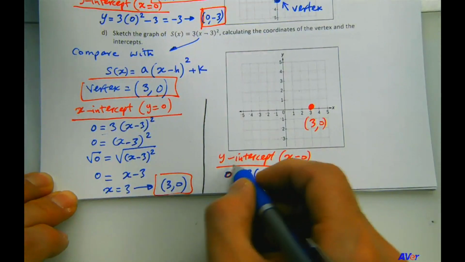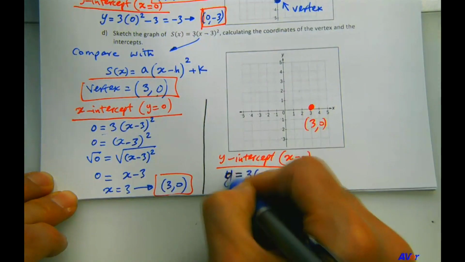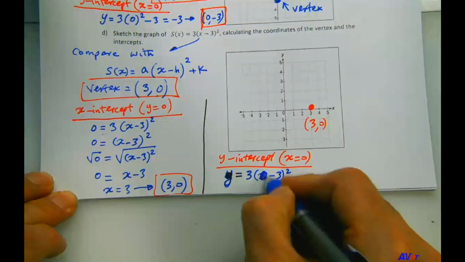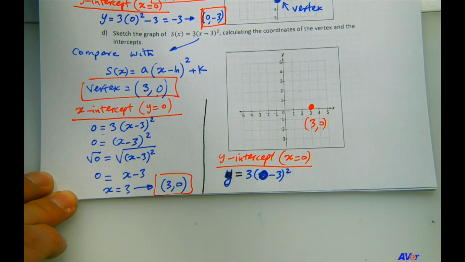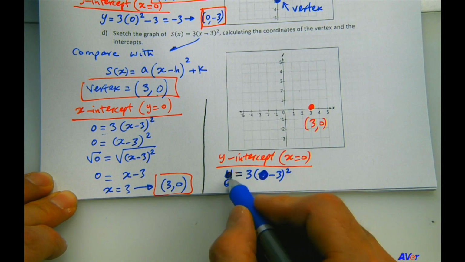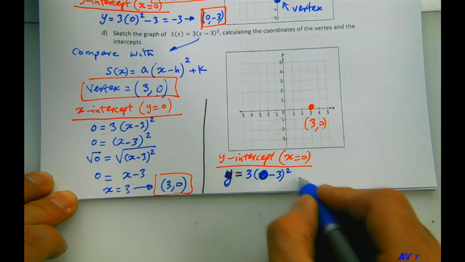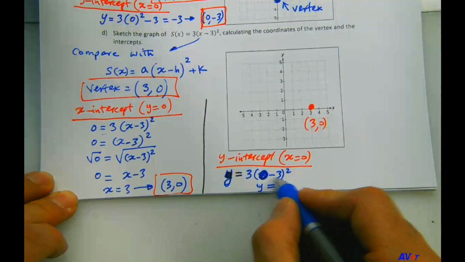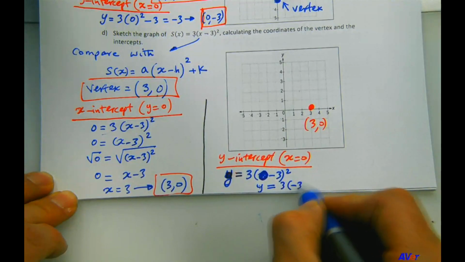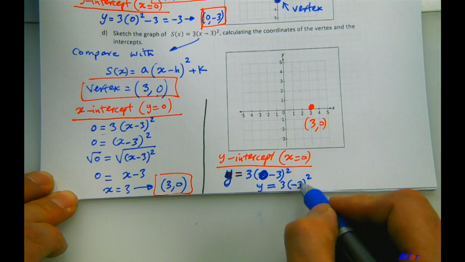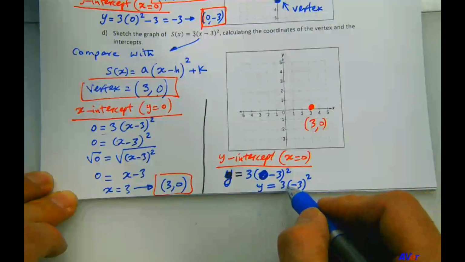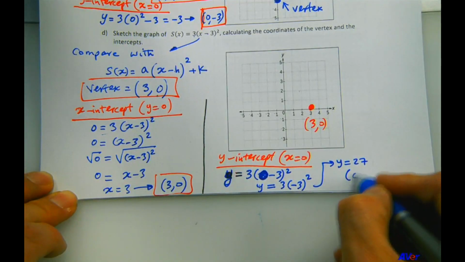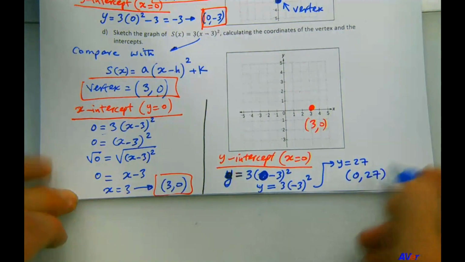Sorry, let me correct this. So this is y, and this is what I need to substitute 0 for, x. We're solving for the y-intercept, so y equals 3 times minus 3 squared. Minus 3 squared is positive 9, times 3 is 27. So y equals 27, which means the y-intercept is at 0, 27.